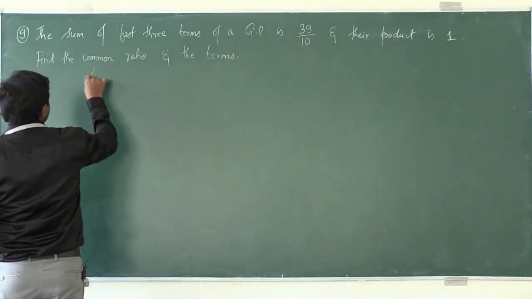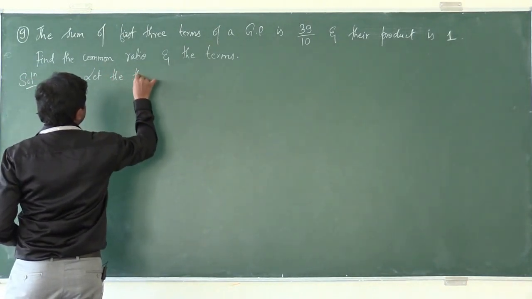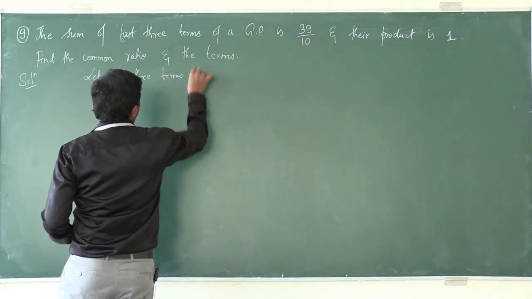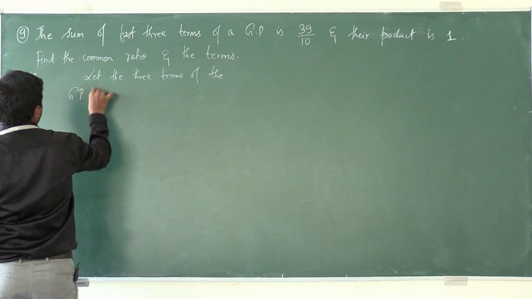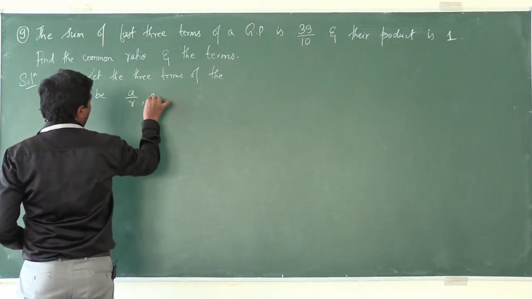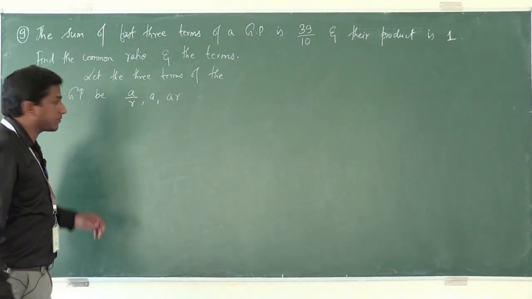Solution: let the three terms of the GP be a by r, a, ar.